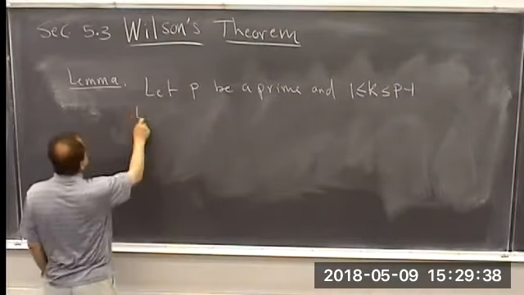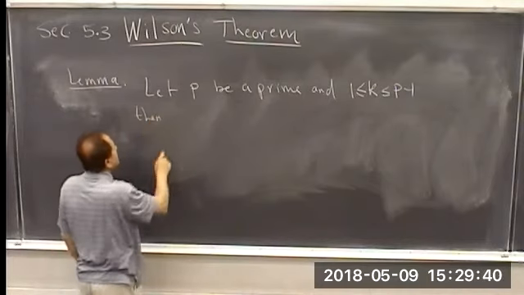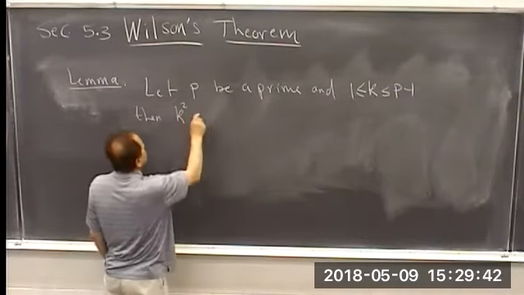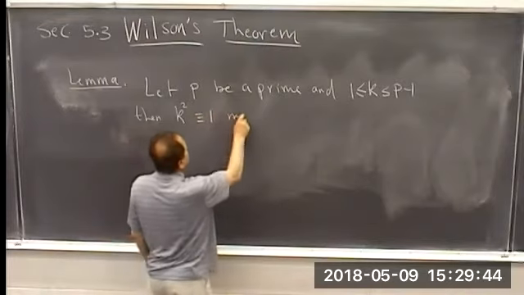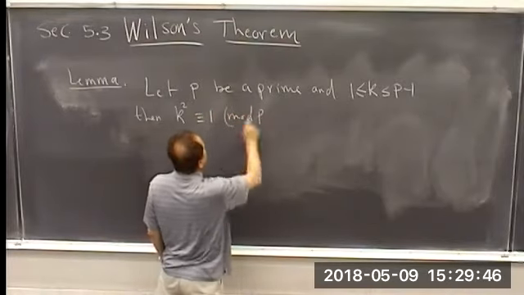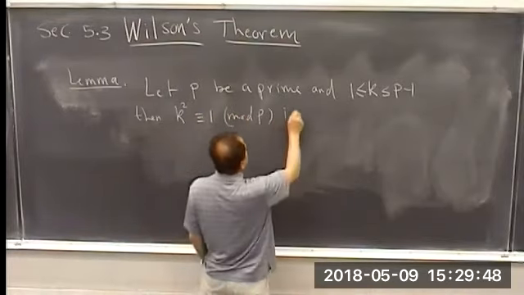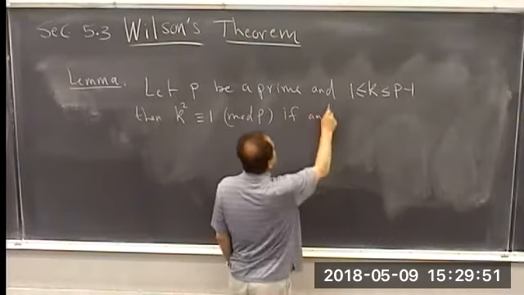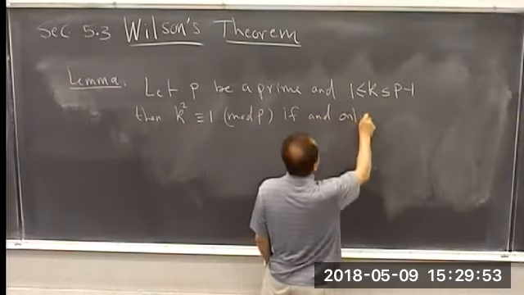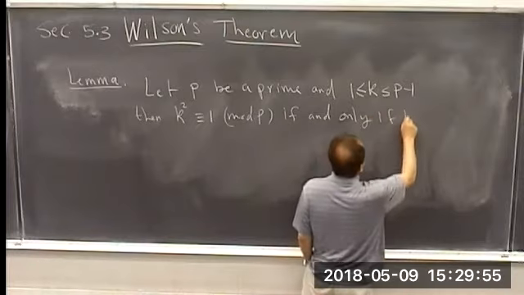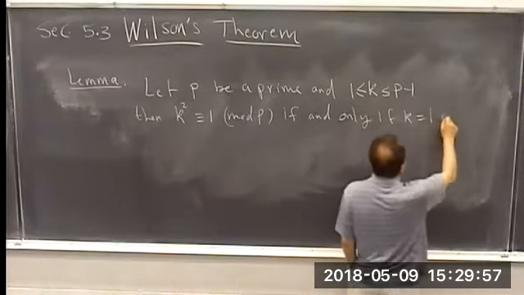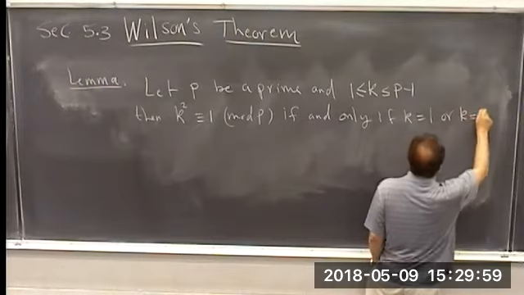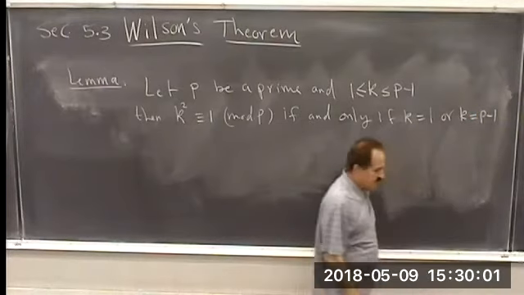Then k squared is congruent to 1 mod p if and only if k is equal to 1 or k equal to p minus 1.